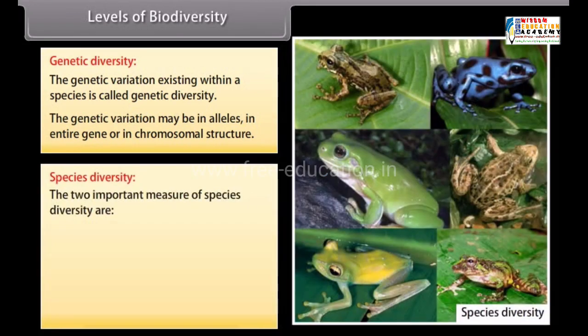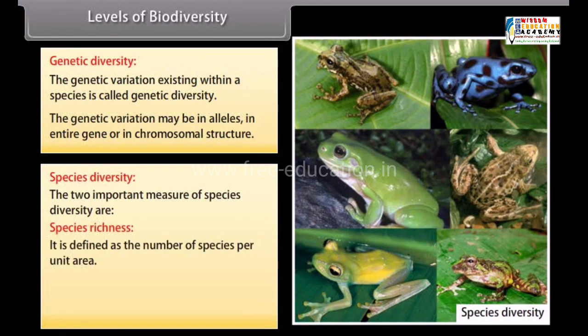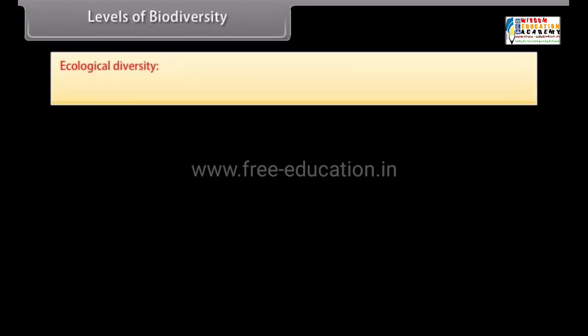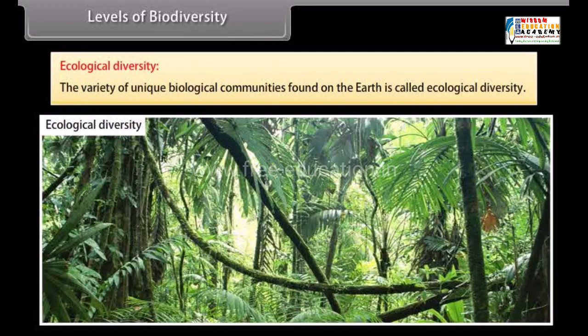The two important measures of species diversity are species richness, which is defined as the number of species per unit area, and species evenness, which refers to the relative abundance with which each species is represented in an area. Ecological diversity. The variety of unique biological communities found on the earth is called ecological diversity.